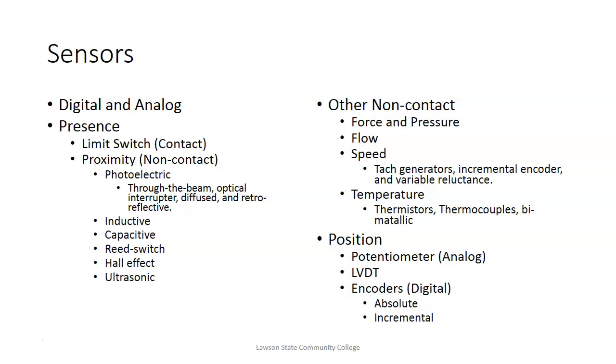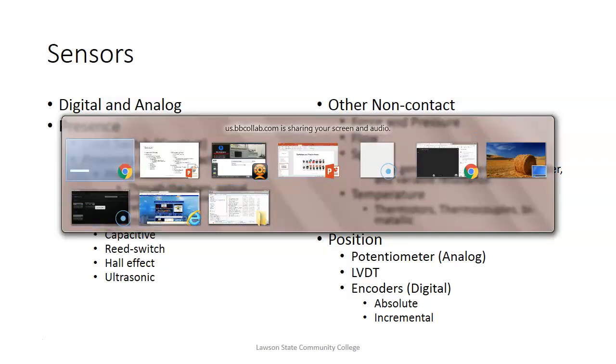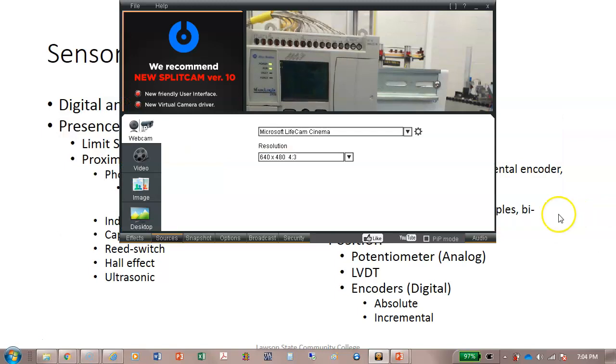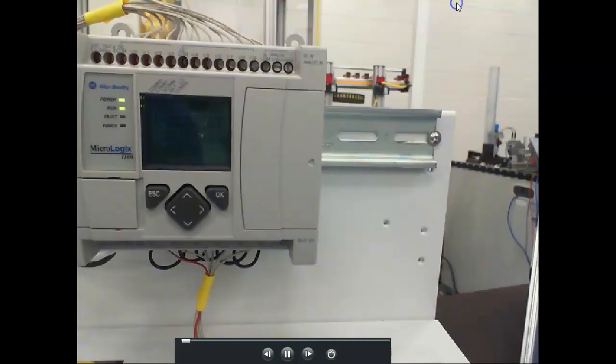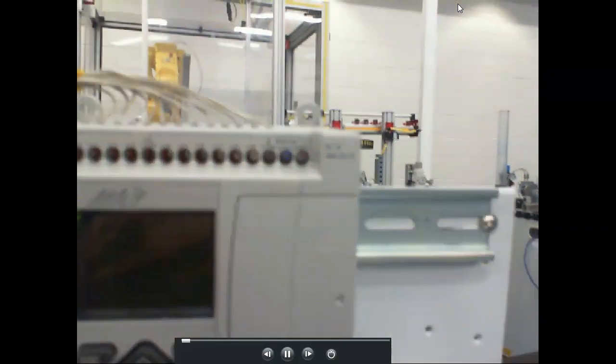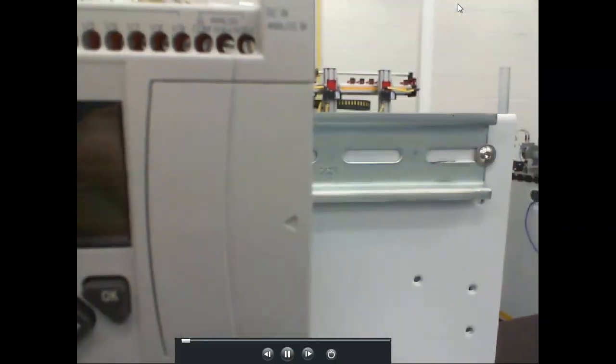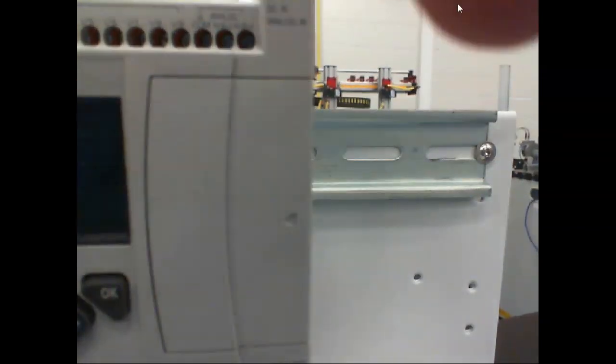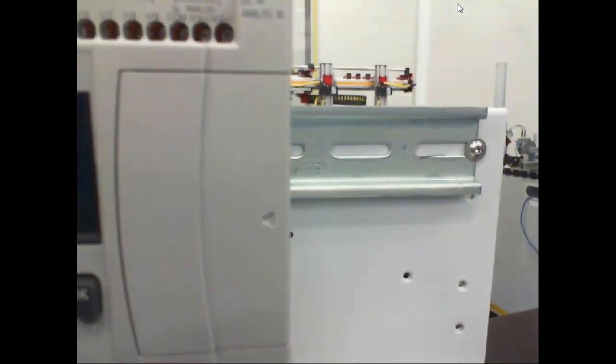In fact, this PLC right here has two analog inputs, which would be these two at the top right here. I don't know if y'all can read the analog right there. You can almost get it. I'm trying to make it focus. This has two analog inputs right here.